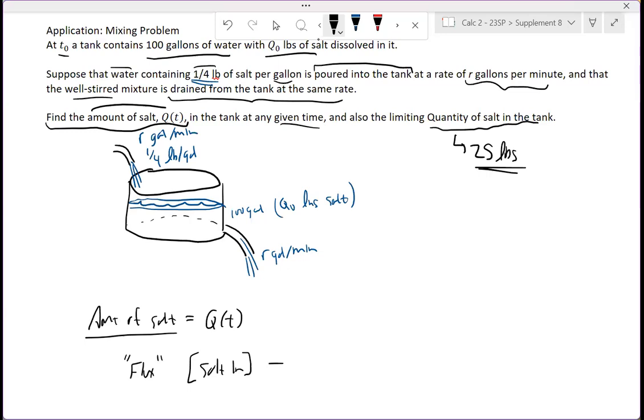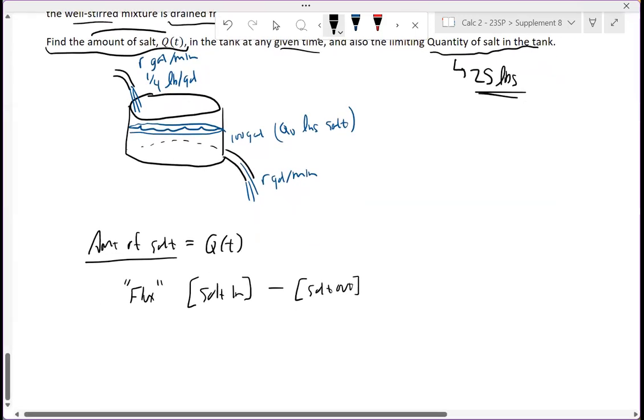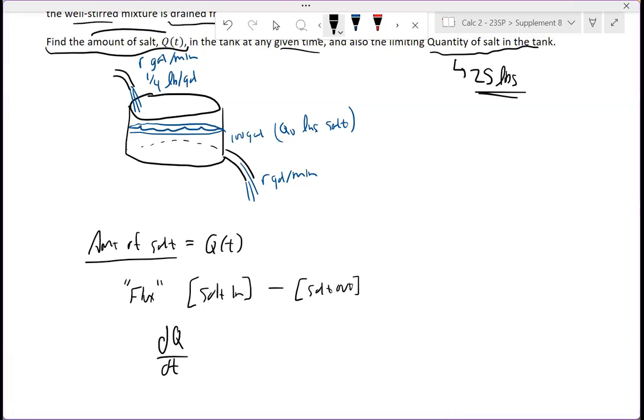So that's the amount of salt in minus the amount of salt out. So really what I know is dq dt that I have information about. I have some salt water coming in.